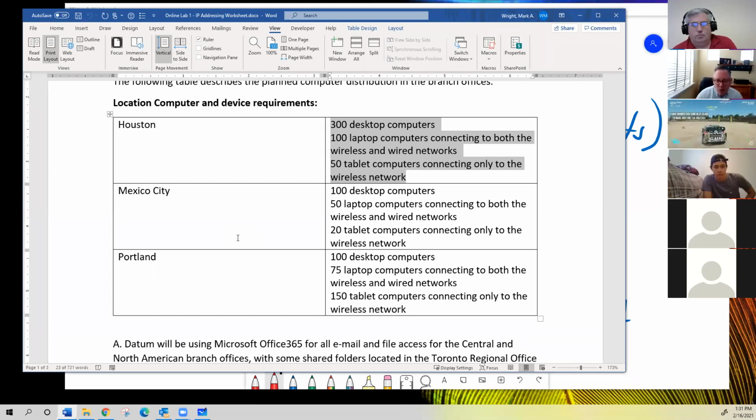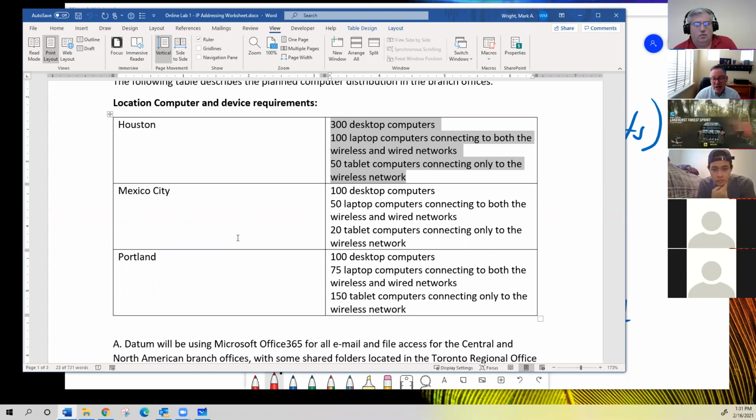Why would he say 400 for wired and 150 plus for wireless? Why would he say that? Well, because 50 tablet computers are connecting onto the wireless network, and then 100 are connected to both wired and wireless.